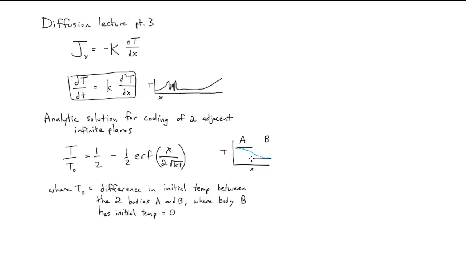We're just going to call this 0 because this equation works out easier that way. T naught is going to be this difference in temperature here. It doesn't have to be; you can solve this and then scale it. So this applies to cases where body B isn't at 0, but it's just simpler to think about it when the temperature of body B is 0.